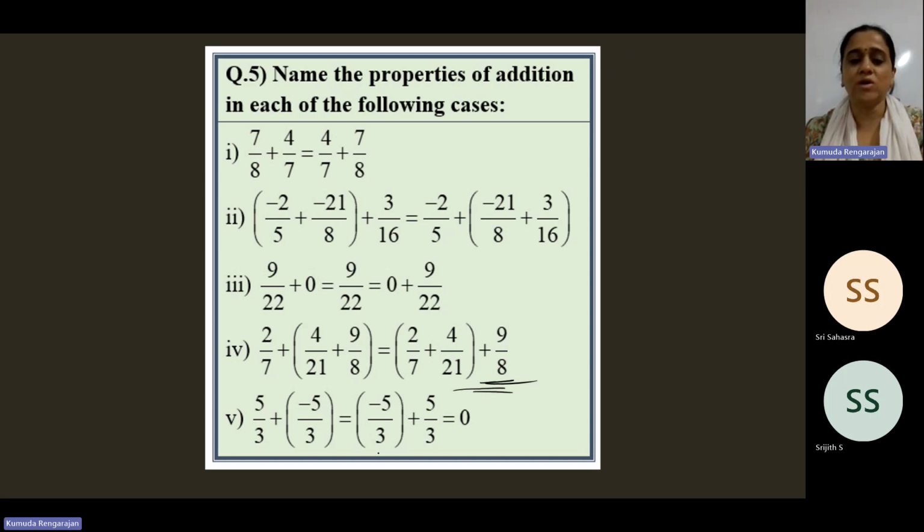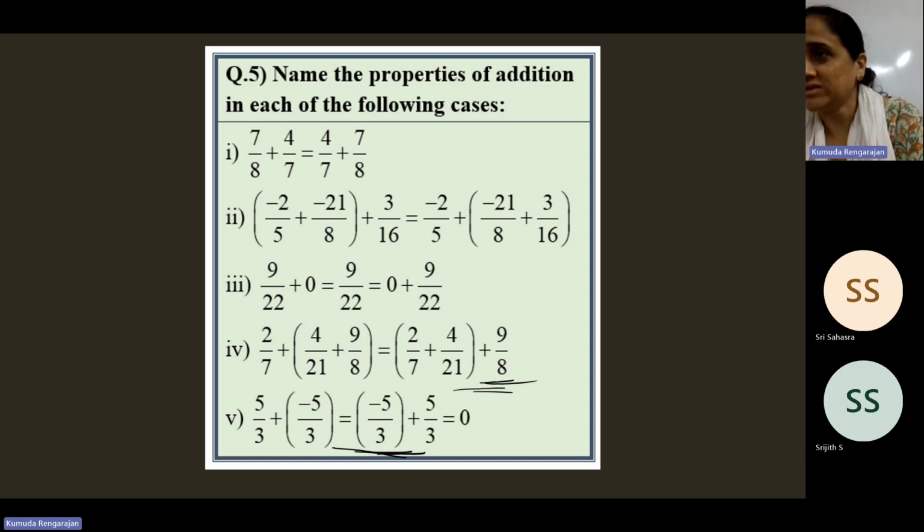Yeah, now the last one. Role of 0? Commutative property? No. Additive inverse.